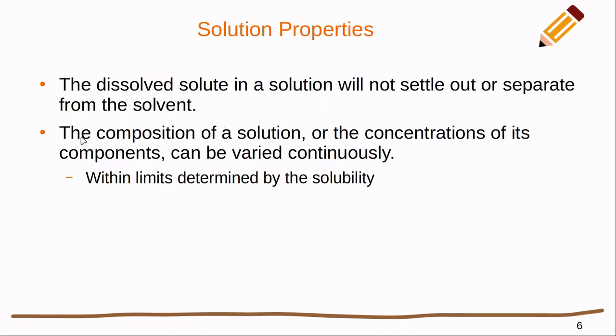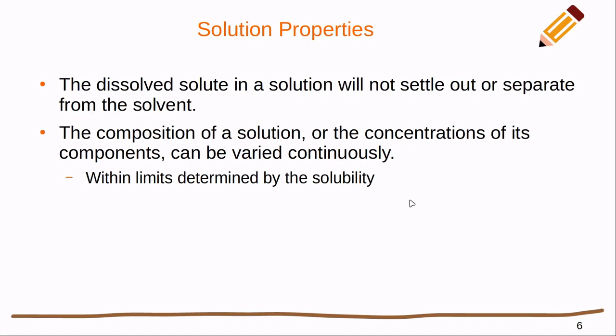The composition of a solution, or the concentrations of its components, can be varied continuously, which you might take for granted, that you can just add any arbitrary amount of, say, salt to water. But that only works within the limits of its solubility.